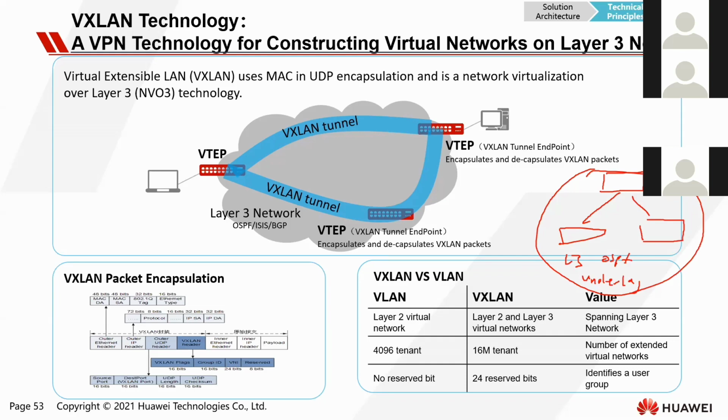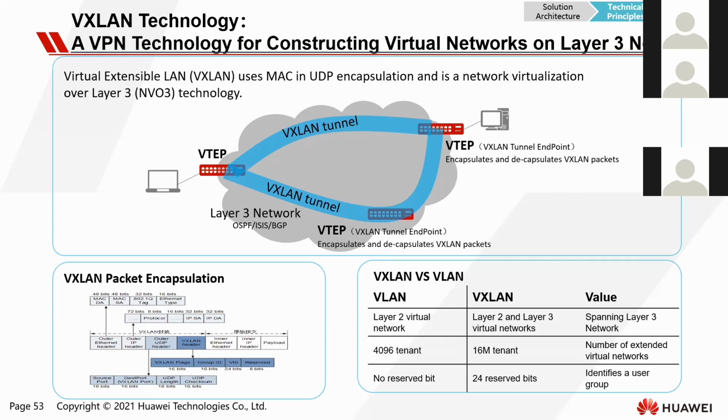Above this network, we will use VXLAN to create a layer 2 network using tunnel technology. Basically, this is what it means by constructing a virtual network on a layer 3 network.